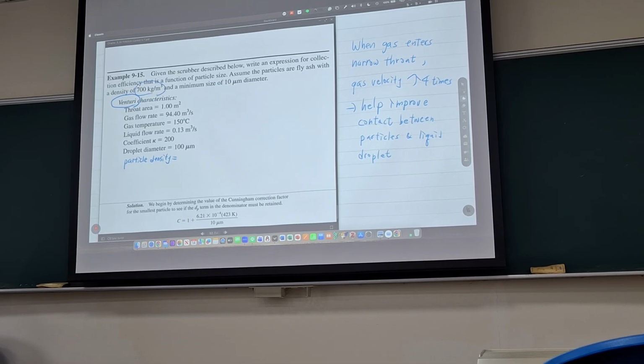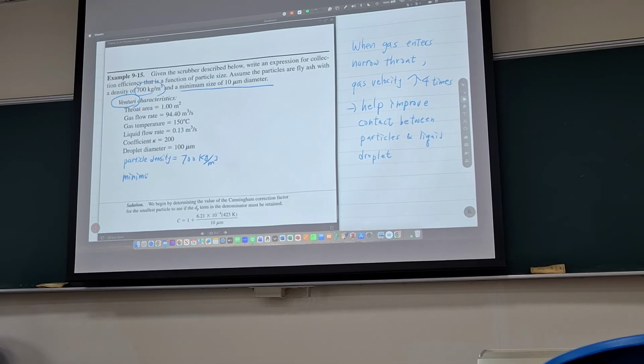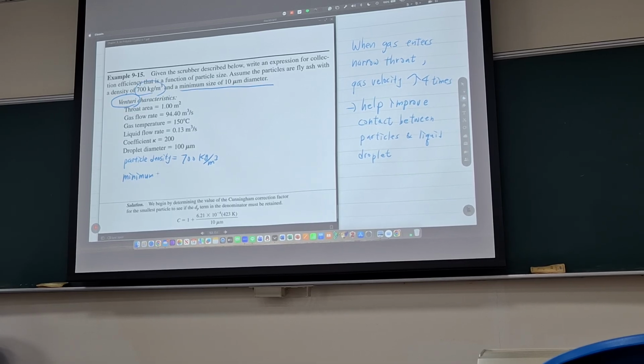Particle density is 700 kilogram per meter cubed, and minimum particle size equals 10. Then we have everything.